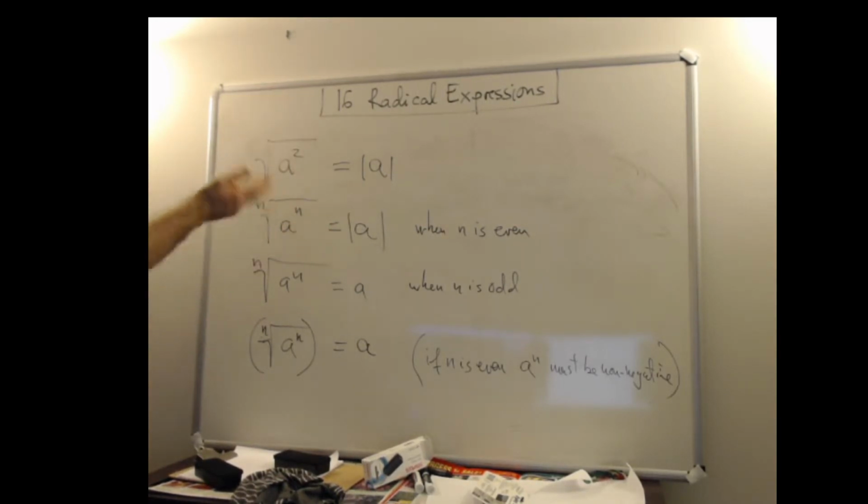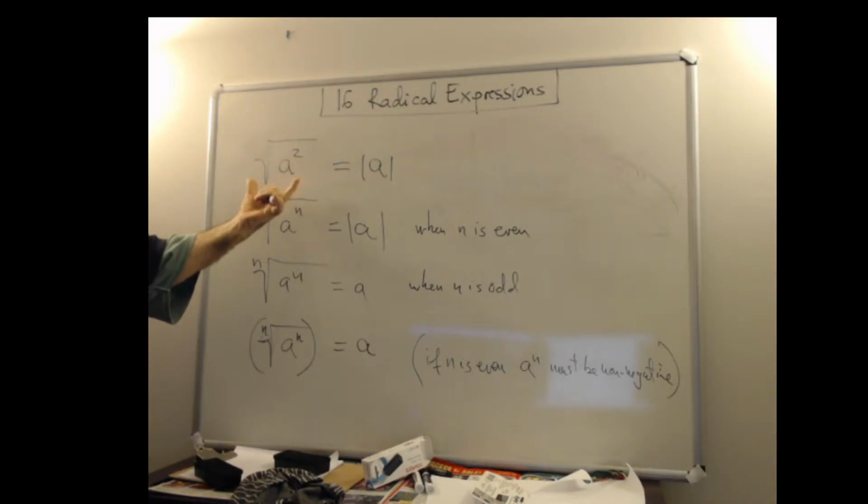When you apply the radical and power in succession in either order, it's just like you're doing nothing. You start with an a, you square it, you take a square root, just like you started with a. One caveat, of course, again, the end result of an even radical must be non-negative. Okay?